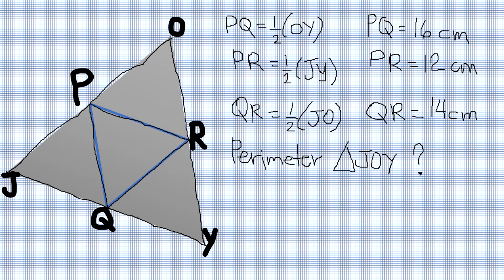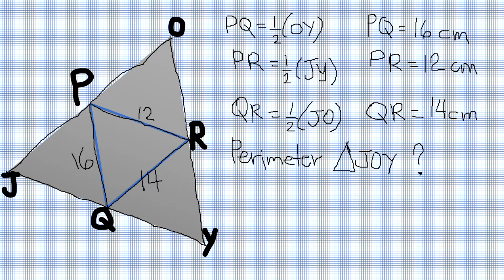For us to determine the perimeter of triangle JOY, we have to determine the measures of JO, OY, and JY. Perimeter is the sum of the measures of the sides of the polygon. Since we are dealing with a triangle, we have the total measure of the sides of the given triangle JOY. So going back to our given, we have PQ equals 16, PR equals 12, and QR equals 14.